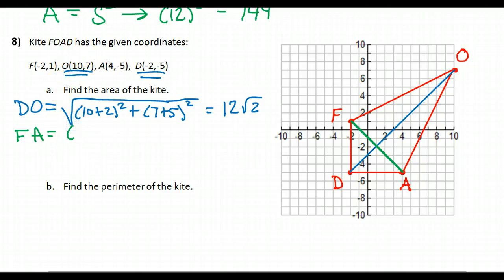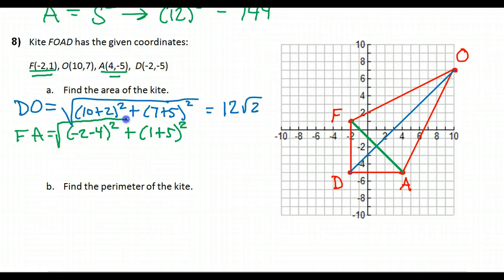Okay, so forget about O and D. Now we're looking at F and A. Okay, so x minus x, -2 minus 4. And y minus y, that's 1 plus 5 squared. Square root of it all. Put that in your calculator. And that is going to be 6 radical 2.